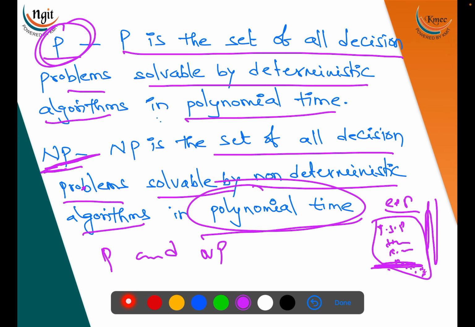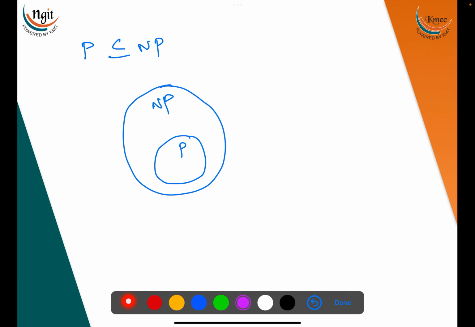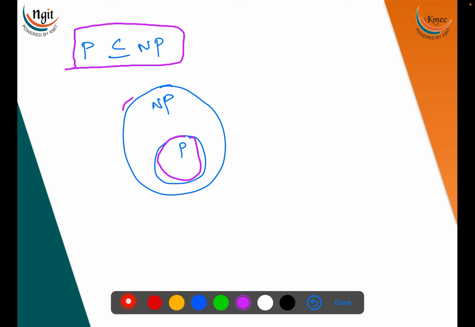Right? Now we have a relationship between P and NP. That is, P is a subset of NP. The most important relation. Now what is the meaning of this? The deterministic algorithms we know today were once part of the non-deterministic.